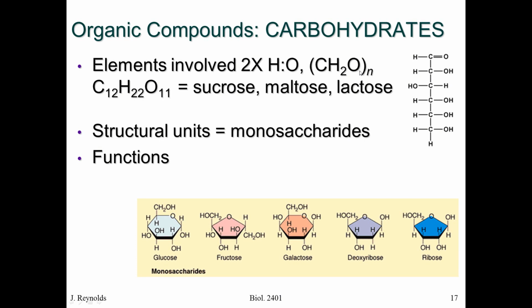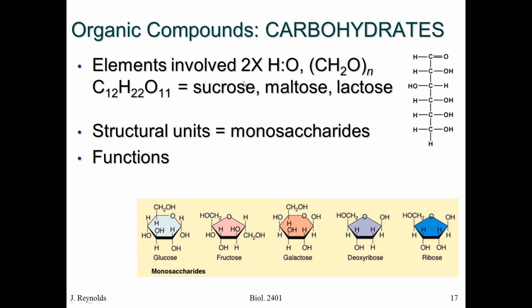And when they don't put a number, it just means 1. So if you multiply 6 by the 1 of carbon, you get 6 carbons. You multiply 6 by the 2 of hydrogen, you get 12. You multiply 6 by the 1 of oxygen, you get 6. So if I stick a 6 right here in the end, we would have a glucose molecule, C6H12O6. You always have twice as many hydrogens as oxygen.